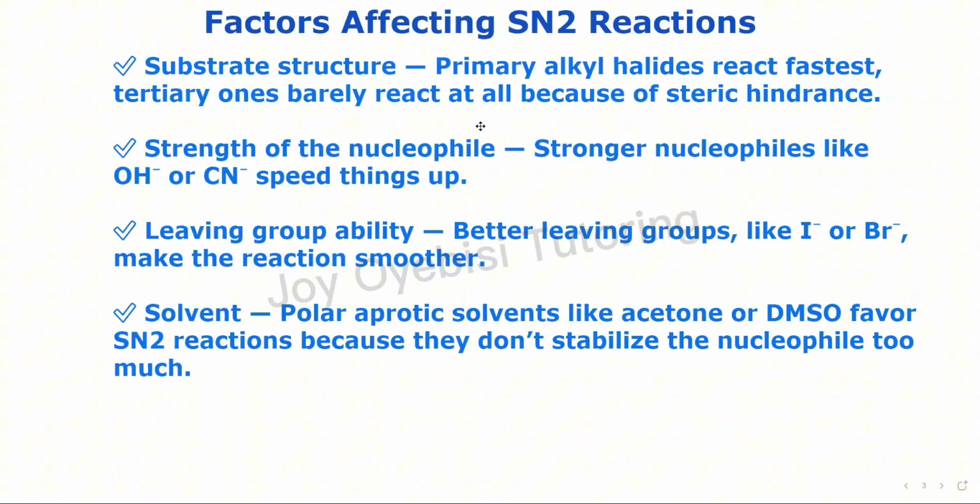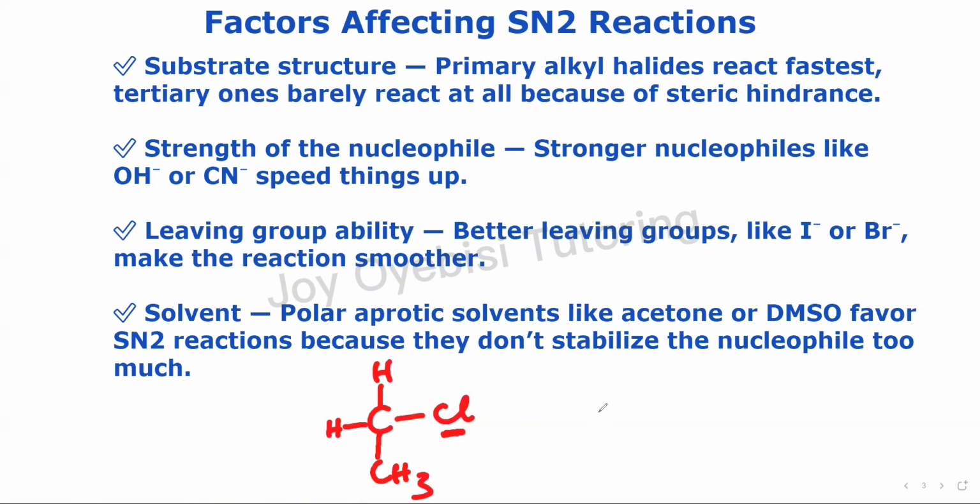So primary alkyl halides react the fastest, with the tertiary ones barely reacting at all. So this is a primary alkyl halide. Now, primary means that this carbon that is bearing the leaving group is connected to only one other carbon. That is primary. So primary alkyl halides tend to react the fastest.